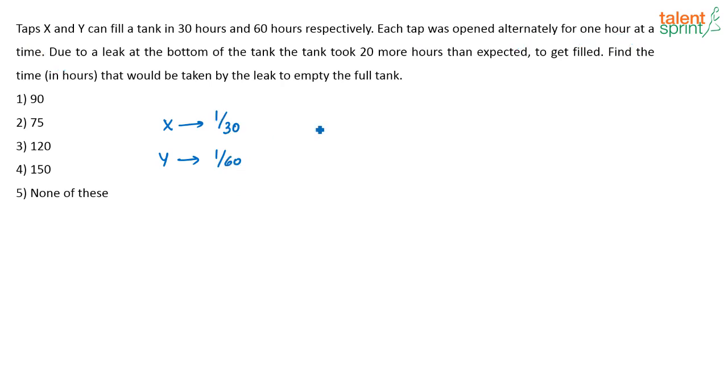So in the first hour tap X alone is opened, and it will fill 1/30th of the tank. In the second hour tap Y alone is opened, so it will fill 1/60th of the tank. So in 2 hours, how much of the tank is filled? In 2 hours, 3/60 or 1/20th of the tank is filled.